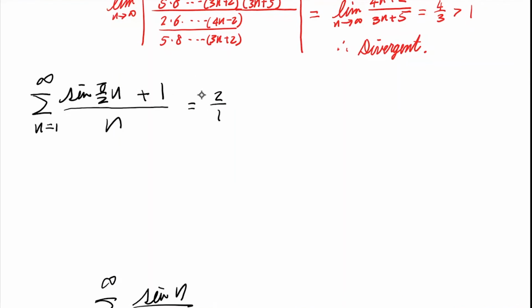When n is equal to 2, this is 0, so we have plus 1 over 2. When n is equal to 3, this thing becomes -1 now, doesn't it?